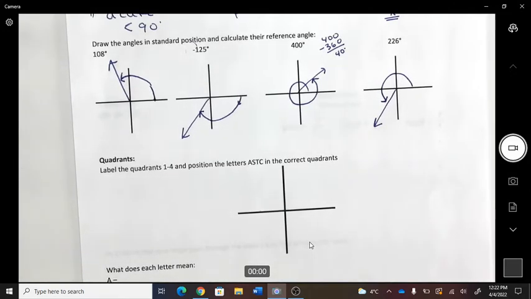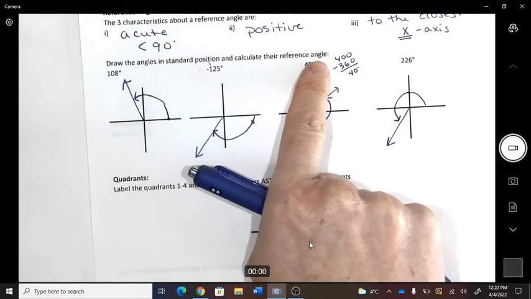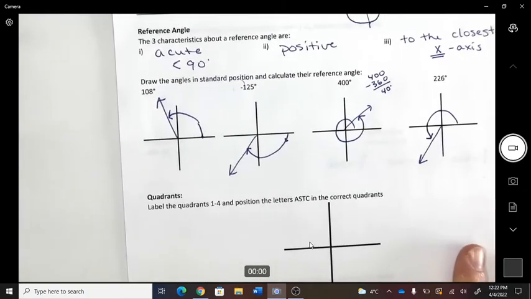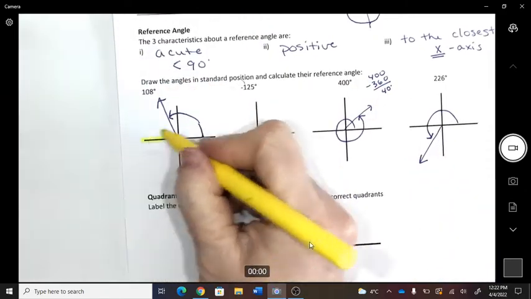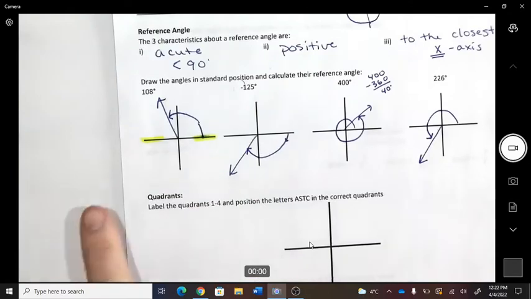Okay, now that we're done drawing, we're going to do what is their reference angle. We got to answer that. Okay, so the reference angle is this. How far am I to the closest x-axis? So if I'm talking about this angle, which x-axis am I closer to?